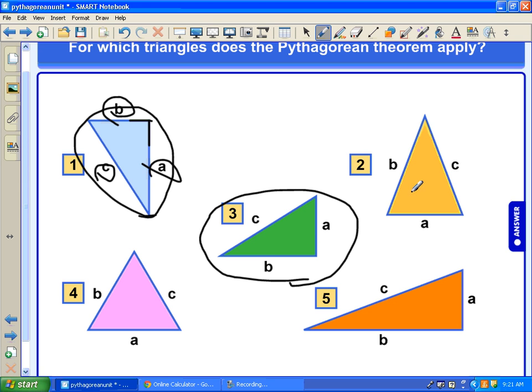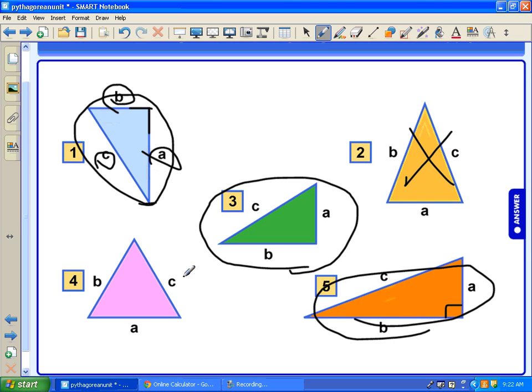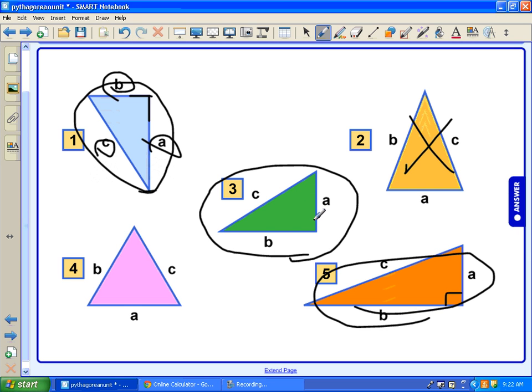It can't be used on this one because they're all acute angles. It can be used on this one because it's got a perfect 90-degree corner right there. And it cannot be used on this one because this one is all acute angles. So remember, you can only use it when it's got a perfect corner like this right here.